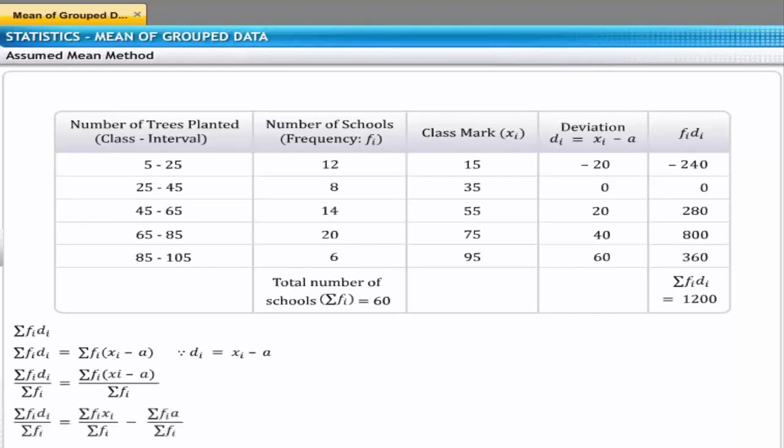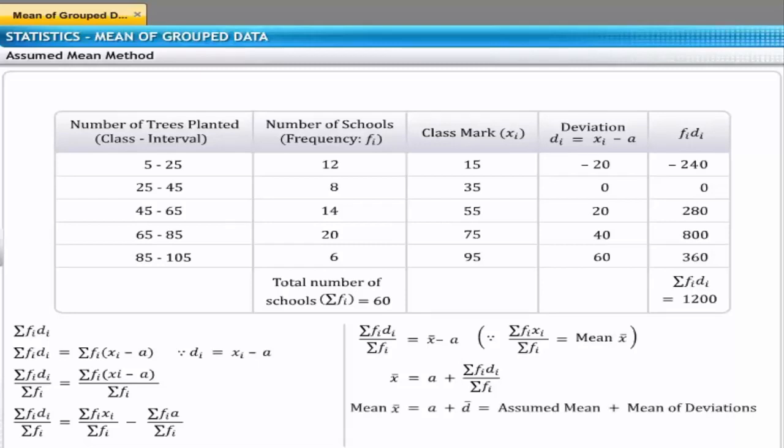The right side of the equation can be expressed as follows. Since summation fi xi divided by summation fi is equal to the mean x bar, let's rearrange the equation. Here, x bar is the mean, a is the assumed mean, and summation fi di divided by summation fi is the mean of deviations.